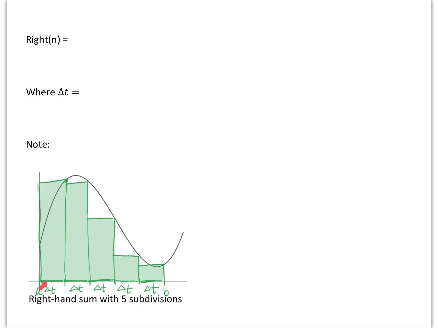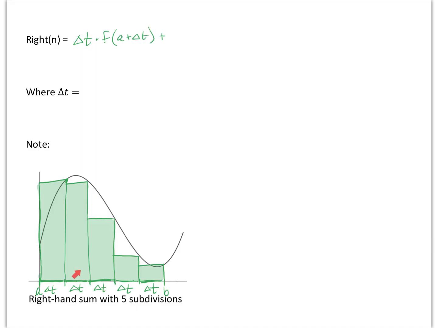This first rectangle has a base of delta t, and then the height is the height of the function at the right endpoint. So this is the right endpoint of the first rectangle. It's a plus delta t, and that's the function value at that x value. So this is delta t times f of a plus delta t.